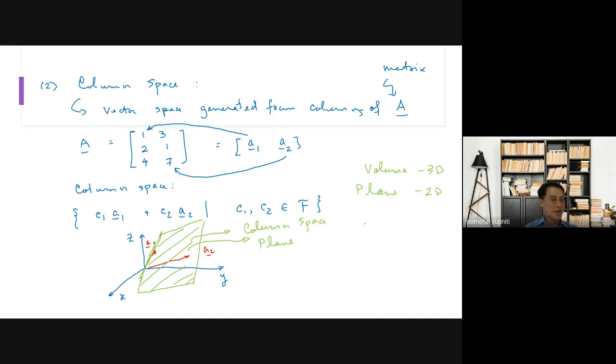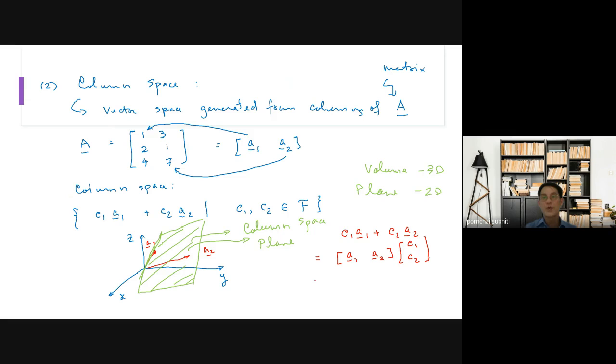Okay. And if I write these in terms of the multiplication, what do I get? C1 multiplied with vector A1 plus C2 multiplied with vector A2. I can write these as A1 and A2 and multiply with C1 and C2. You agree if I write it like this?